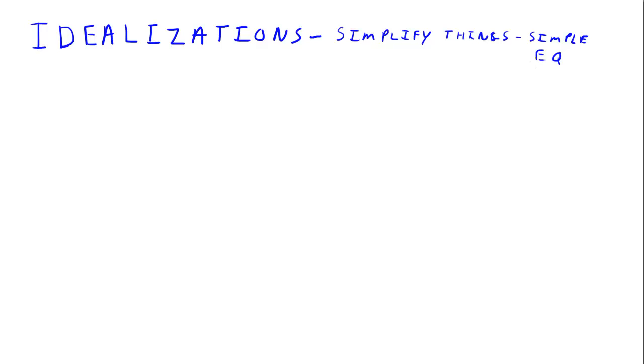Alright, so simplify things, simple equations. Why do we want simple equations? Well, to put it bluntly, we can solve simple equations. And we can solve them in a reasonable amount of time.